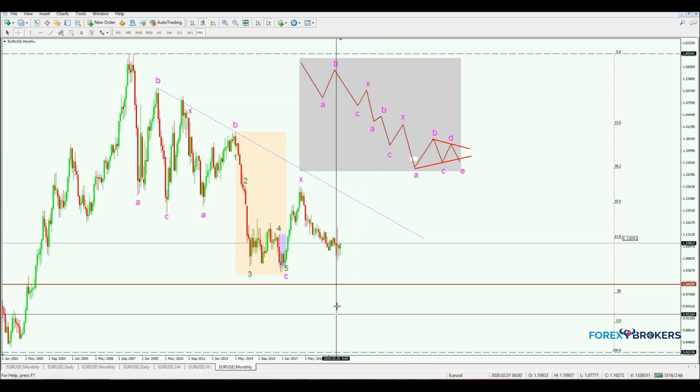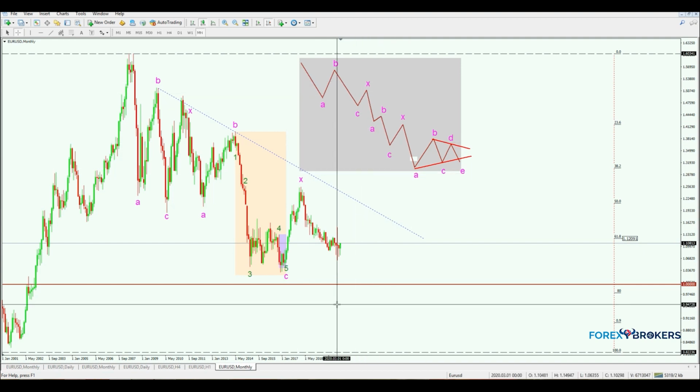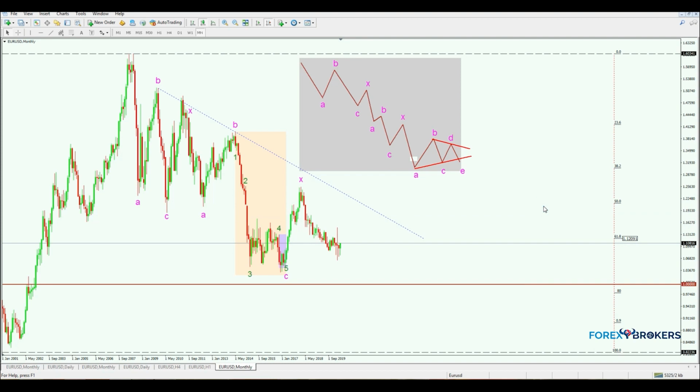They have two X waves, and they form either as the entire leg of a contracting triangle, or the last leg of a fifth wave extension classic impulsive move, or as the last segment of a terminal impulsive move.